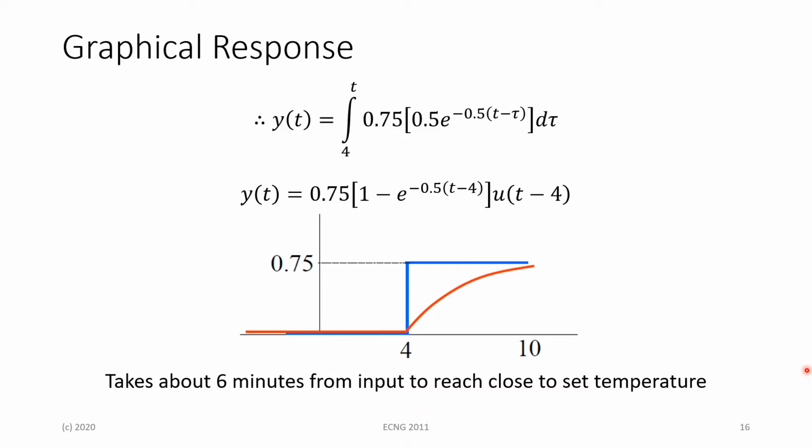Yes, the u of t minus 4 was added because we know where the signal actually starts, and that's because the signal starts at t equals 4. Yep, basically after the integration. That's the only reason why we put it there, because we know the actual time at which the signal starts, and that's going to be at t equals 4.